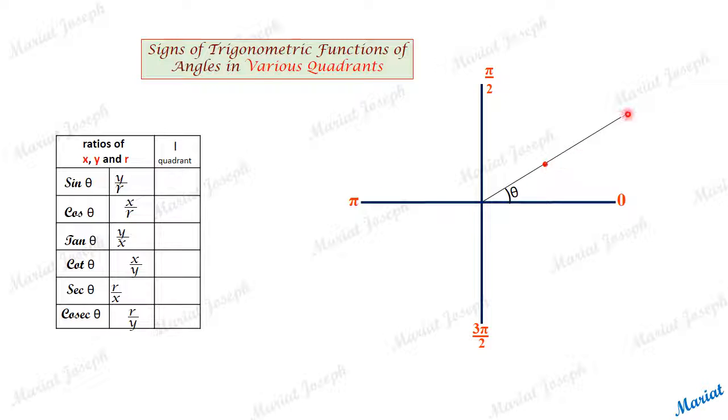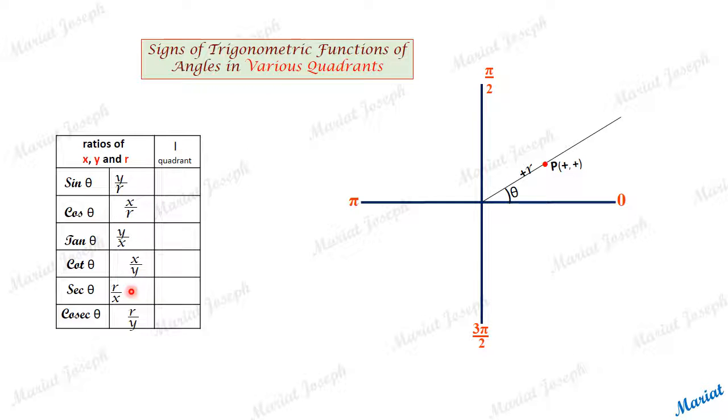Any point on the terminal side of this angle will be in the first quadrant. Being in the first quadrant, both coordinates will be positive. And the direct distance of P from the origin, r, will always be positive. So x coordinate, y coordinate and r, all the three numbers involved in the trigonometric functions are positive.